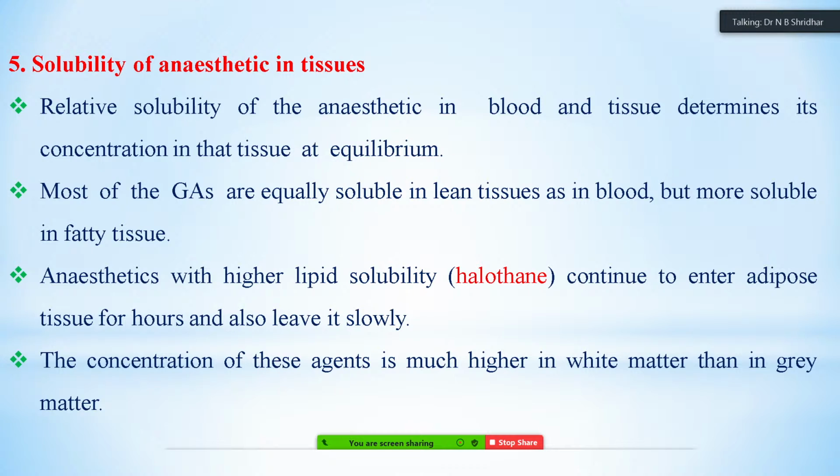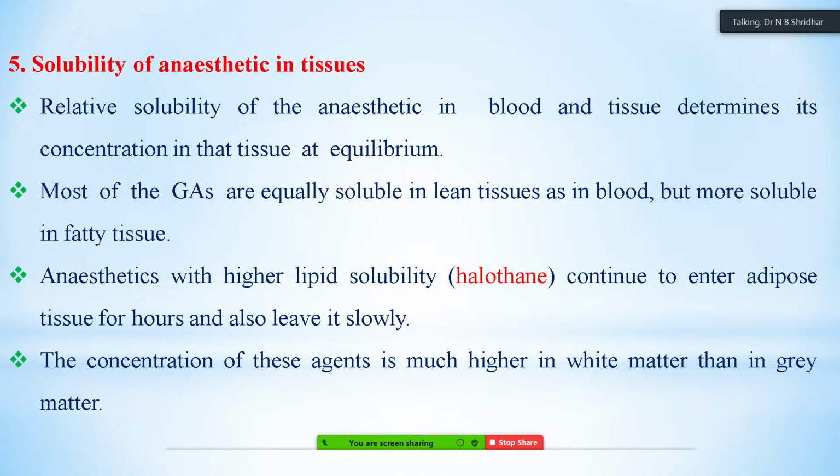Most of the gases are equally soluble in lean tissues and blood, but more soluble in fatty tissue. That's why most of these volatile agents, being lipid soluble, pass the blood brain barrier, and the fatty tissue accumulates the anesthetic agent.